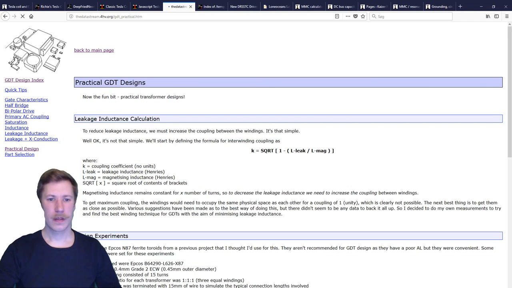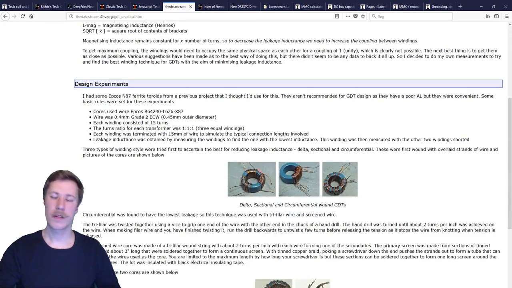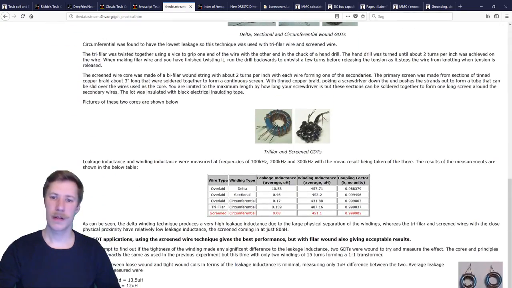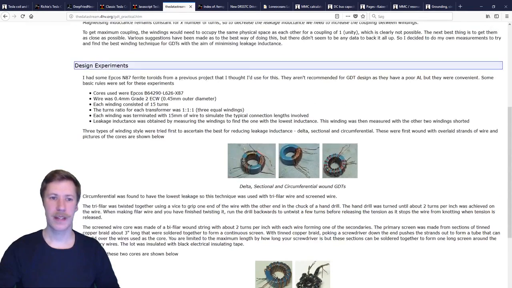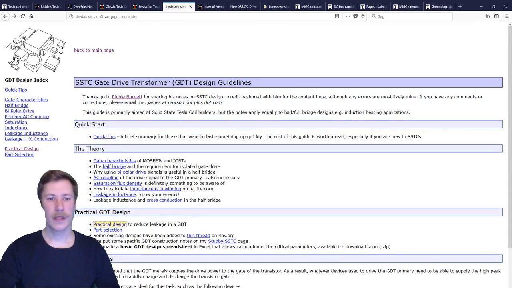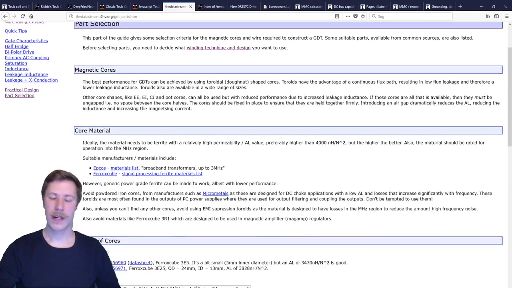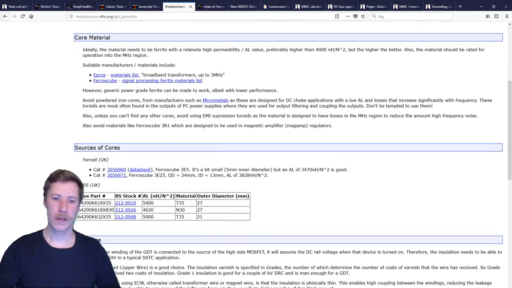So this is really a good source to go to when you want to see some bits about what kind of wire to use, the winding techniques, and what kind of parts you can use, because often people ask, can I use this and this ferrite material?